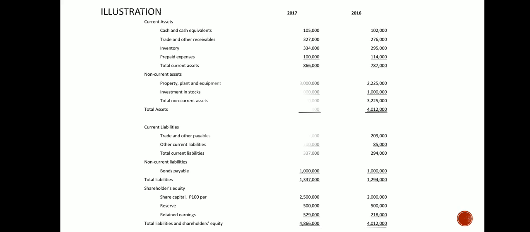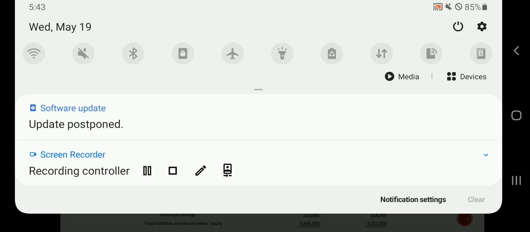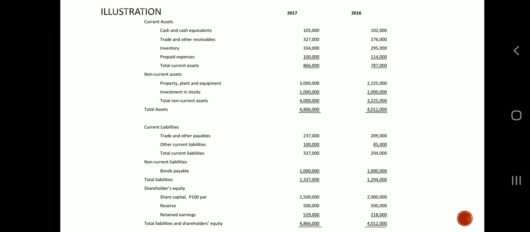And we have here an illustration. This is the comparative financial statements of Rainy Company for the years ending 2017 and 2016. In your screen right now is the statement of financial position or balance sheet of Rainy Company.